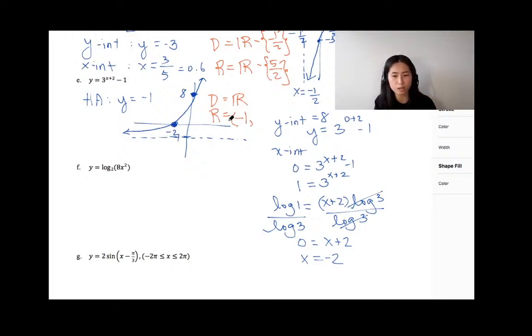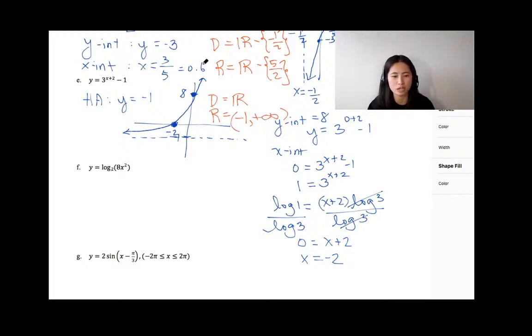That means you're not including -1, so this is not a square bracket. That's the difference between a round bracket and a square bracket: a square bracket means your function is included, but your function is not included, therefore it's going to be a round bracket. And this is (-1, positive infinity), because it goes all the way up to positive infinity.